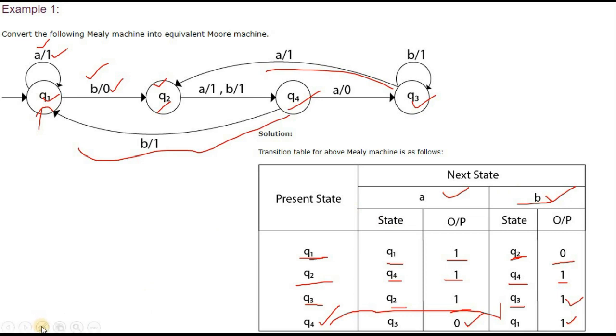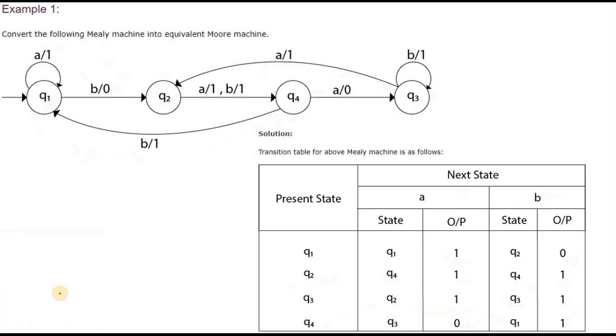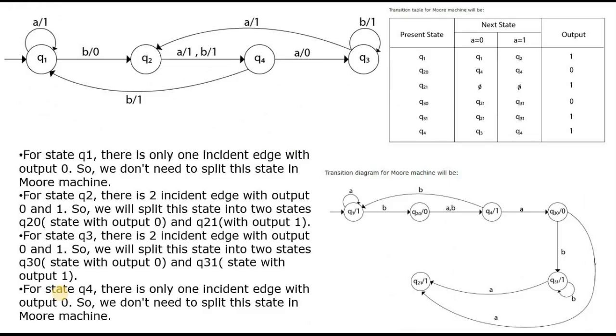Once you have done this, you have to build the Moore machine. How can I do that? First you need to split. Look at the state diagram you have got. For state Q1, there is only one incident edge with output 0, so we do not split this state in the Moore machine.